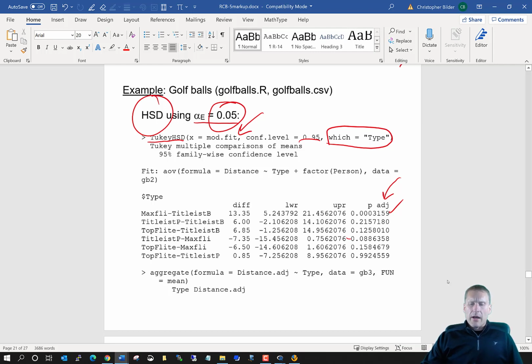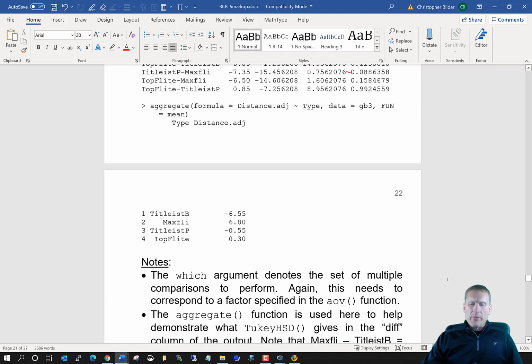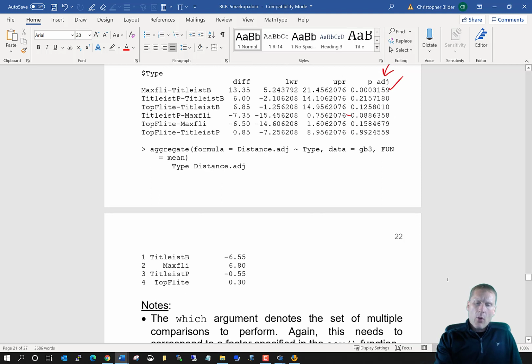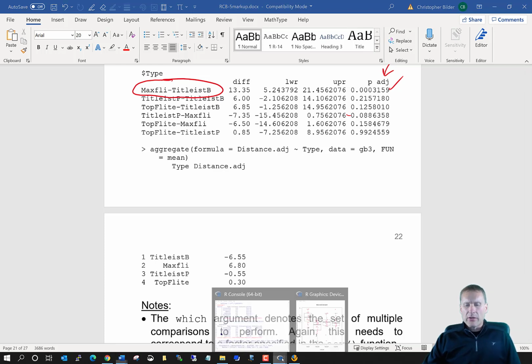So what that basically means is that only for the max fly and Titleist B mean comparison is there sufficient evidence to say that there is a difference in the mean distance of the golf ball types. Let's compare that to our plot.